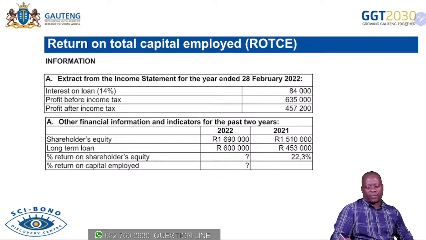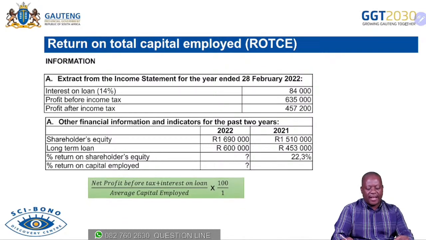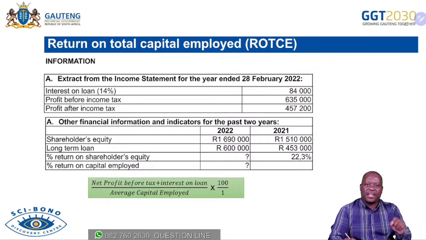What does that mean now? It means we are going to have two elements as our numerator. It is going to be profit before tax, not after tax this time. Profit before tax plus interest expense, which is interest on loan.